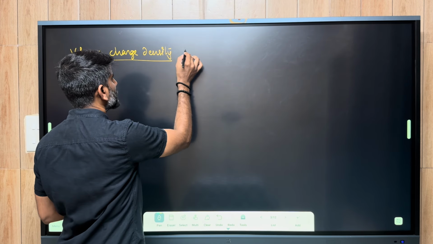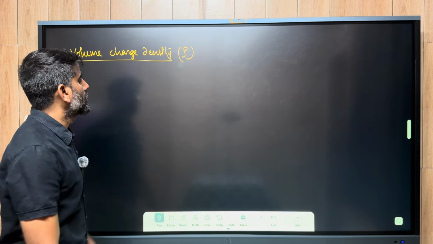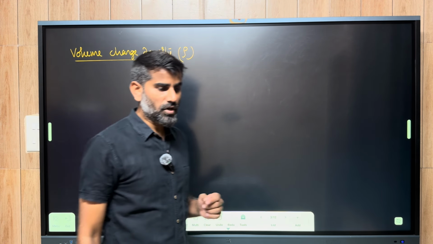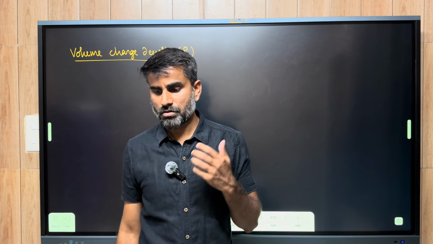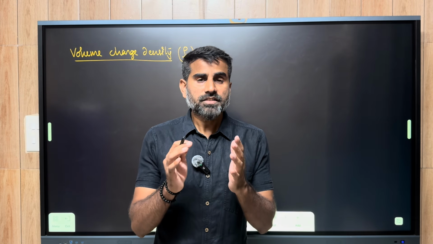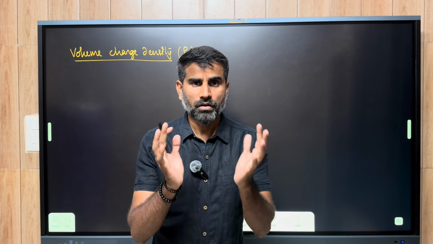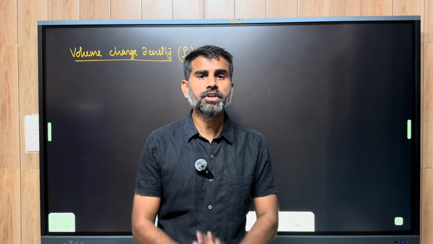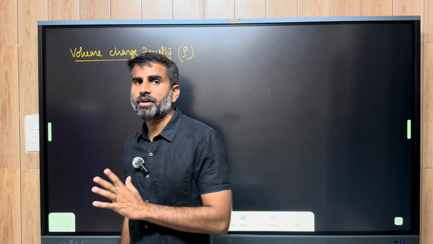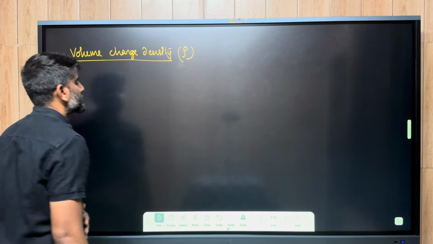While we deal with volume charge densities, the charge has to be distributed over the entire volume of the object. Then only we use this volume charge density.